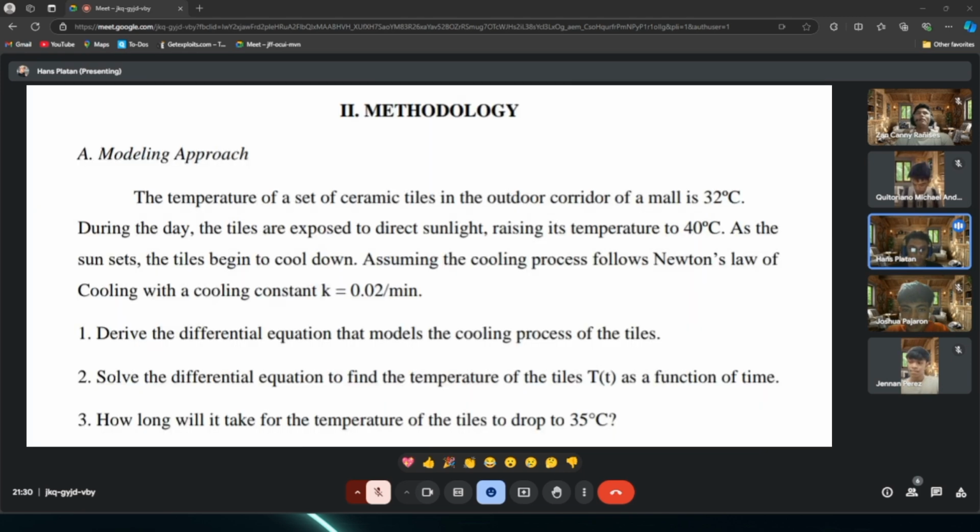So in this scenario, we assume that the initial temperature of the tiles after exposure to sunlight is 40 degrees. The ambient nighttime temperature when the tiles begin to cool was 32 degrees, and the cooling constant of k equals 0.02 per minute was selected, which approximates how ceramic tiles interact thermally with the environment.